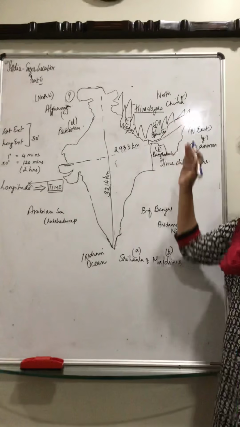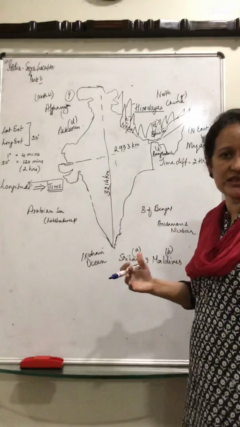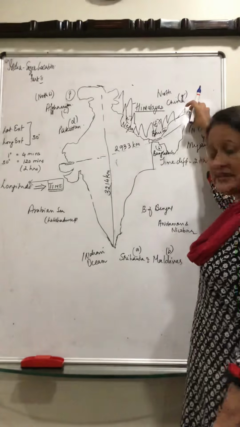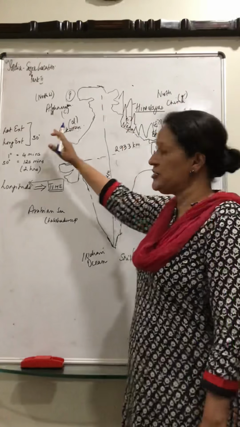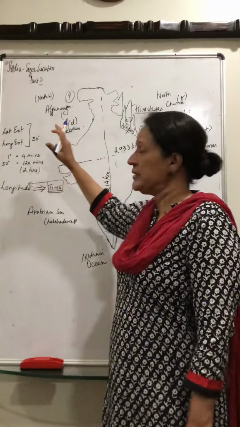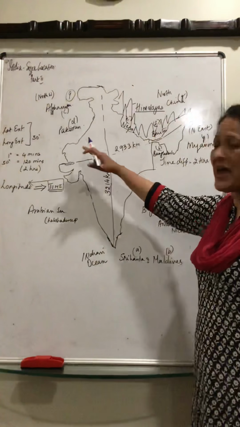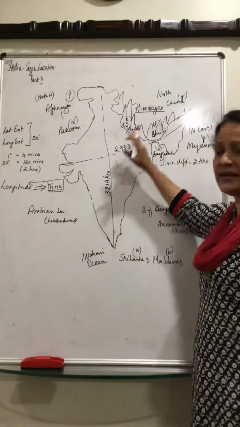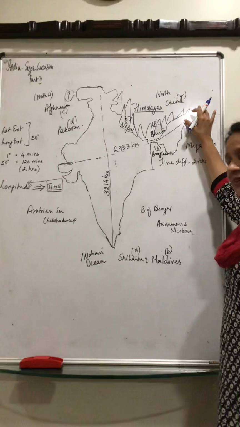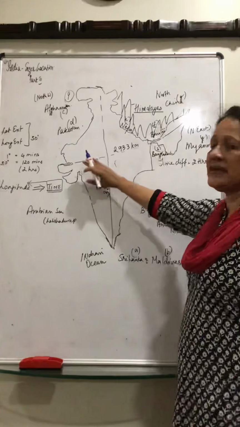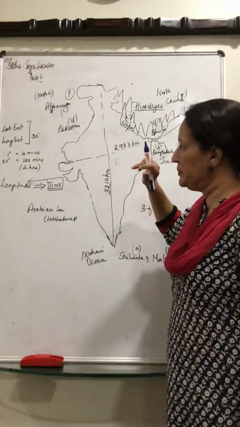We all know the sun rises first in the east. So naturally it's going to rise early in the east, that is Arunachal, and later on in Gujarat. So now there's a 2-hour span between this rising of the sun. That is Arunachal Pradesh, the sun rises 2 hours earlier than that of Gujarat.